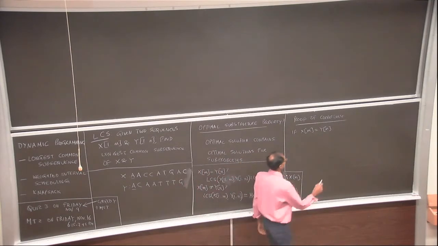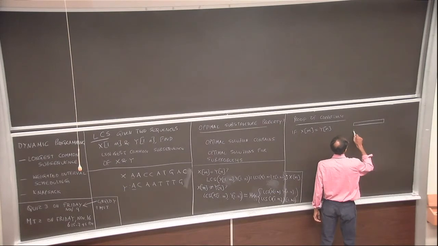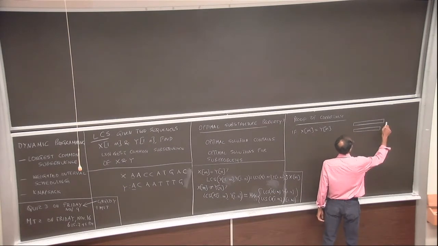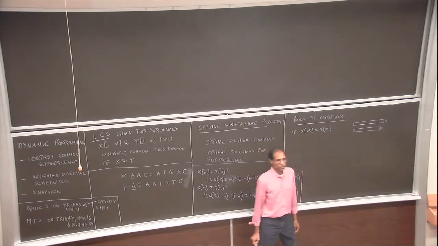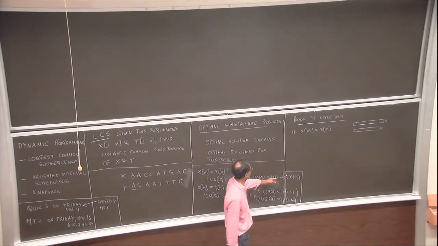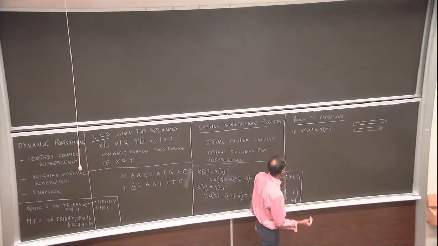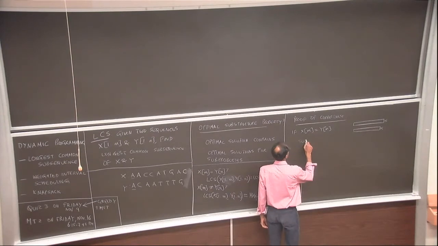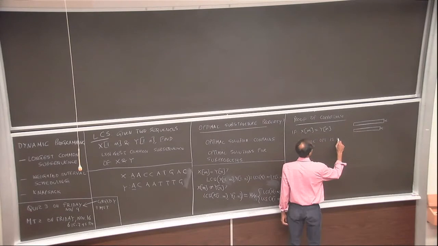So we are in a situation where this last character is the same for both the sequences. We want to prove that the LCS of this is the same as the LCS of the two things we've written here, followed by alpha. Okay. How do you prove it? Suppose not. Suppose OPT is different.